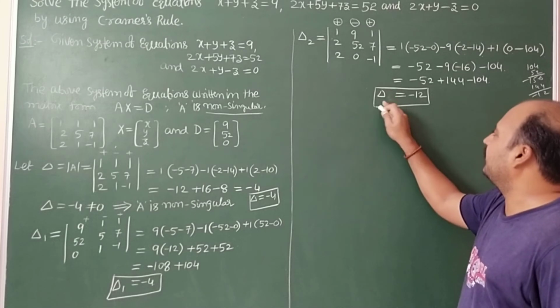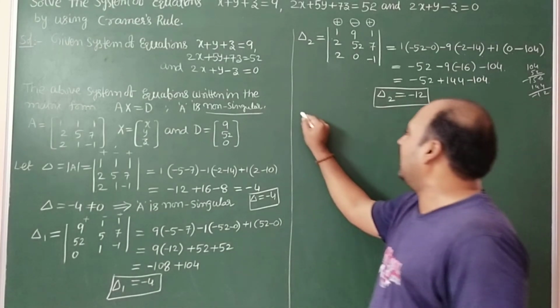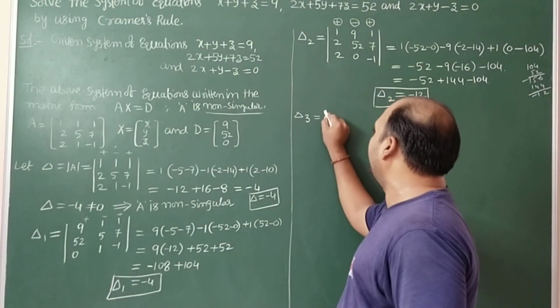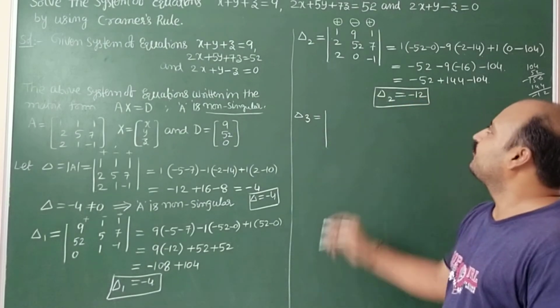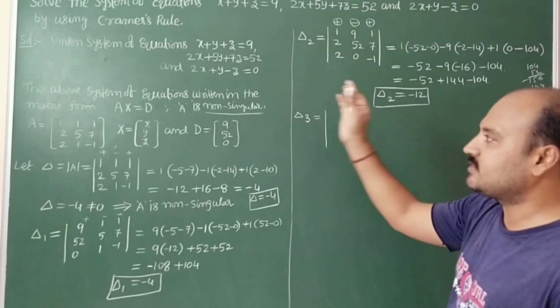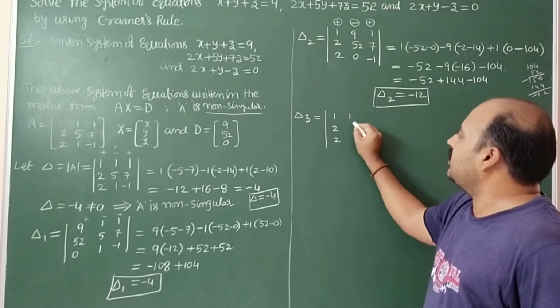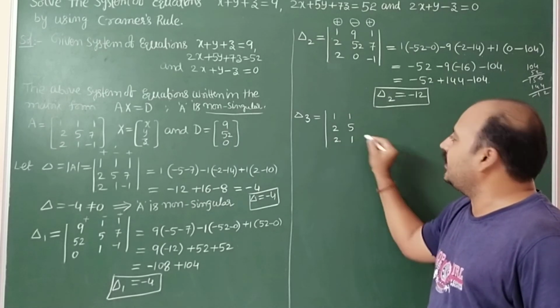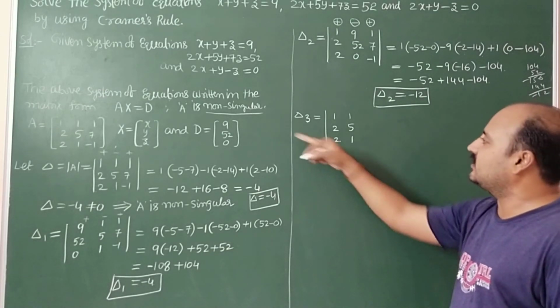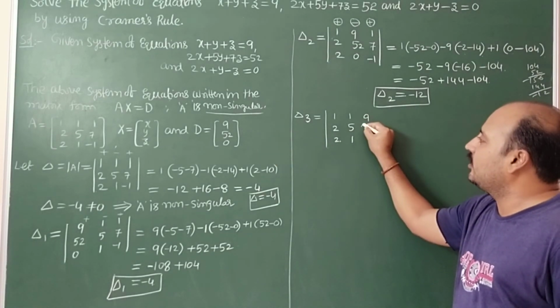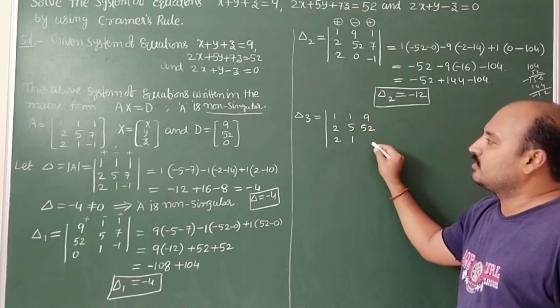Next, delta 3 we calculate. Delta 3 is equal to the first column and second column the same, 1 2 2 and 1 5 1, and the third column replaced with the constant matrix 9 52 0.